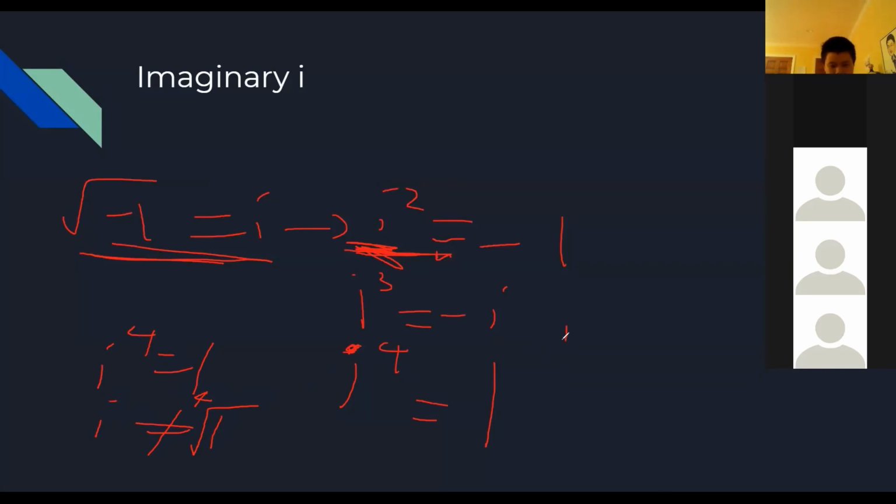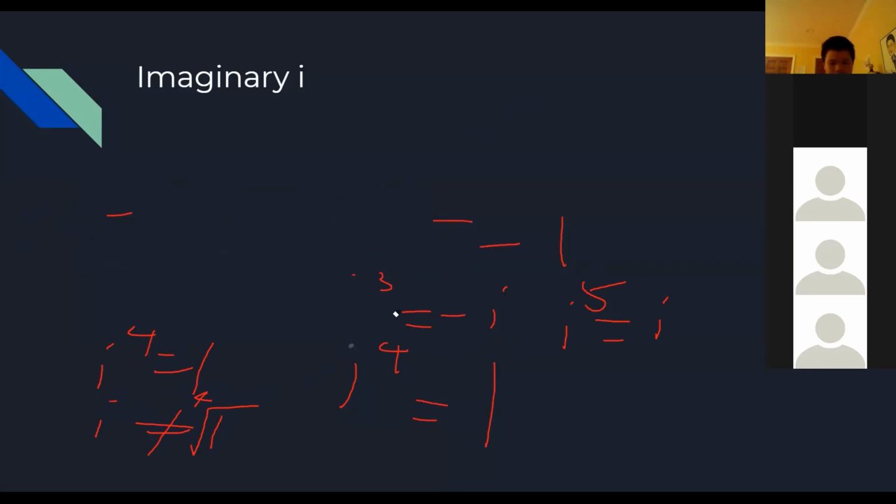But it is important to note that i to the 5th is i, so it cycles. i to the 5th equals i, i to the 6th equals i squared, i to the 9th equals i, etc. It cycles by 4.